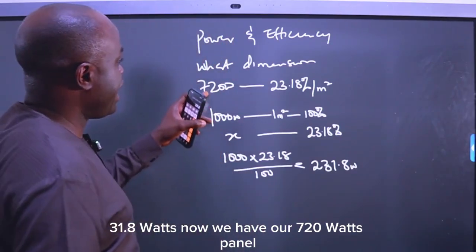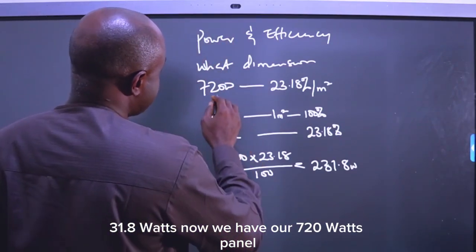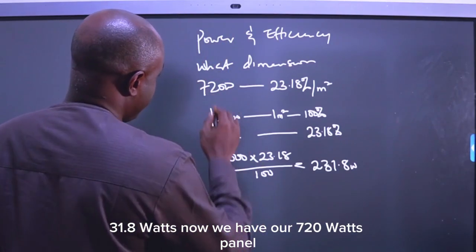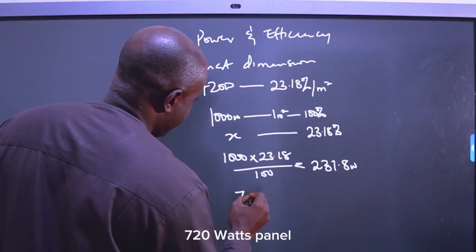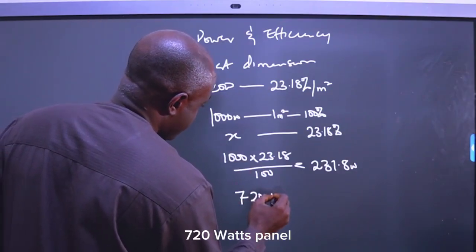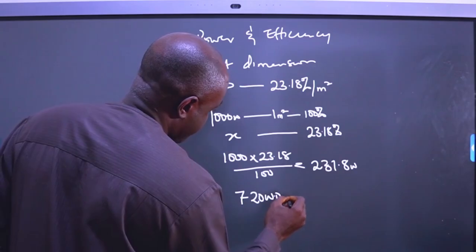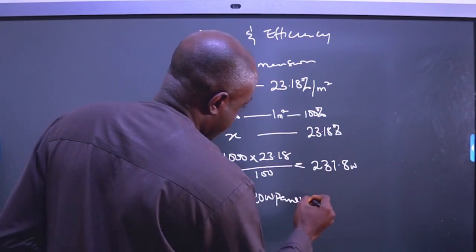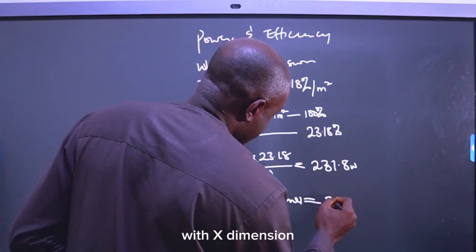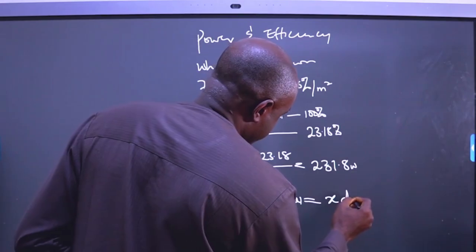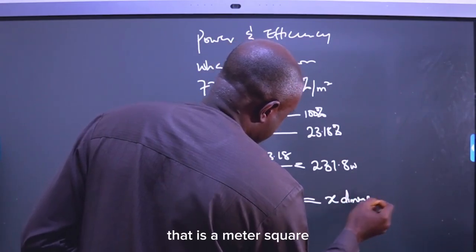Now, we have our 720 watts panel with X dimension, in meter square.